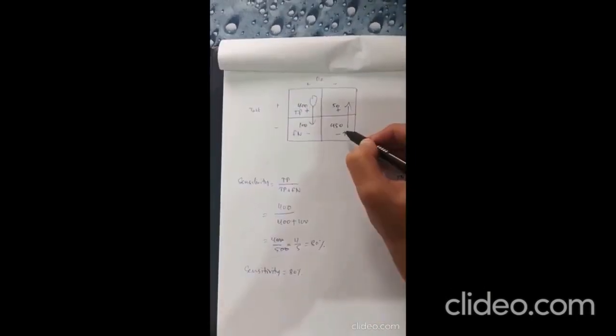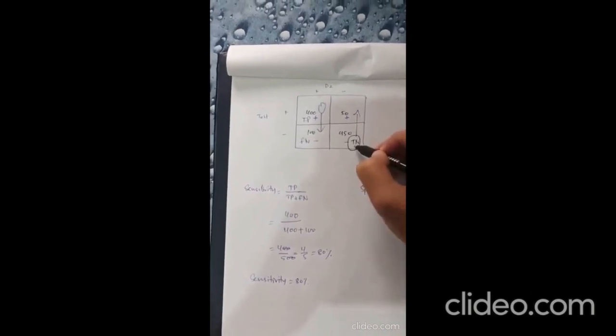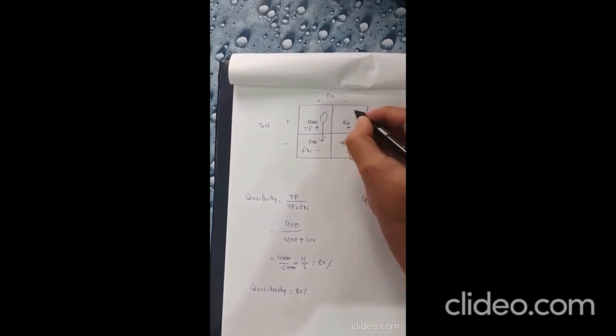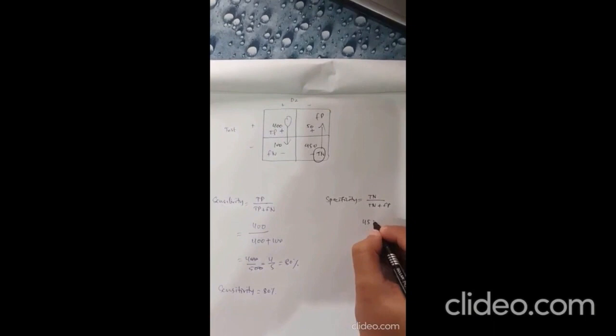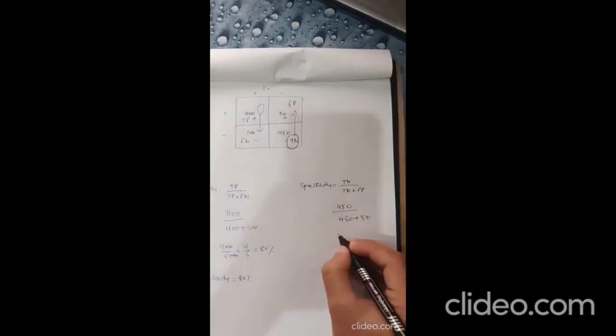In order to calculate specificity, as we have learned, we will go from here up. Negative and negative is a true negative, positive and negative is a false positive. So we will calculate it like 450 upon 450 plus 50.